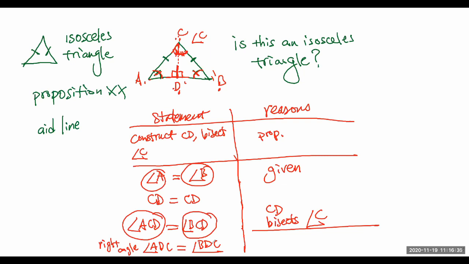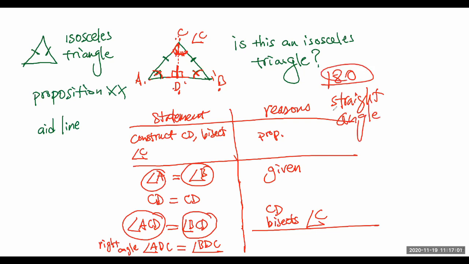Remember, in a triangle, the sum of all the angles is what? The sum of all angles is 180, which we call a straight angle. In Euclidean geometry, we actually don't have angle measurement.